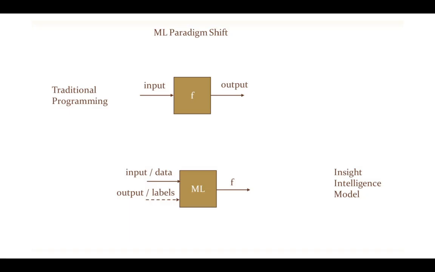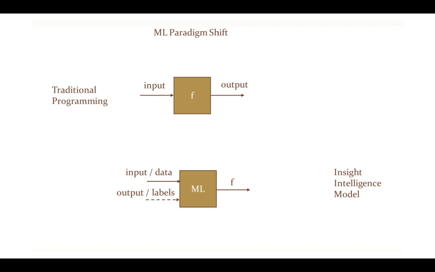It's a transformation of the traditional programming where you have written a function. But here in machine learning, you basically have a model. You train it over given input, optionally output in case of supervised learning, and out comes the insight or the intelligence, or a trained model, which is like a function in traditional programming.